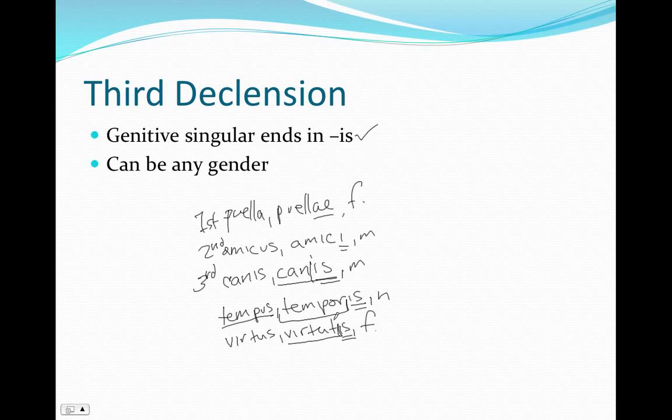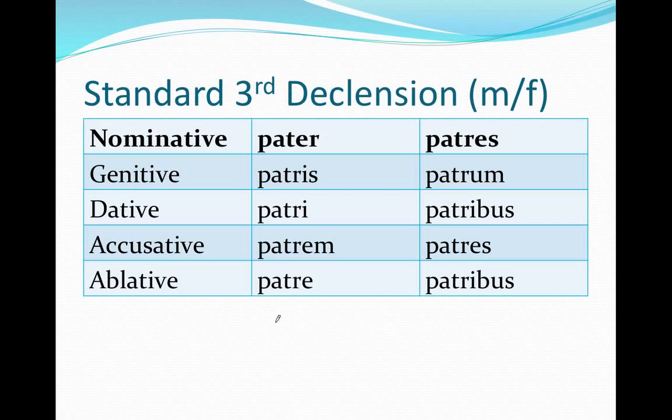In general, there's no way to predict what the gender of the noun is going to be, so you're just going to have to memorize. There are some patterns. There are some fairly consistent feminines that you'll run into, some fairly consistent neuter endings, but when you're starting out, it's best just to memorize the endings and the genders of the nouns.